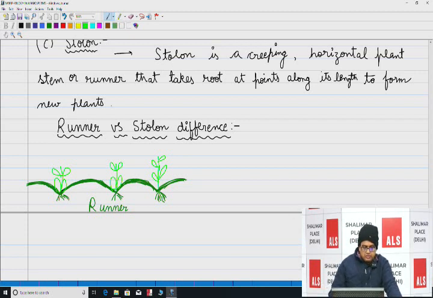All right, so let's finish this. Sorry. Okay, this was stolon. This is actually stolon. Sorry. And runner will basically be like this. Let me draw runner now.